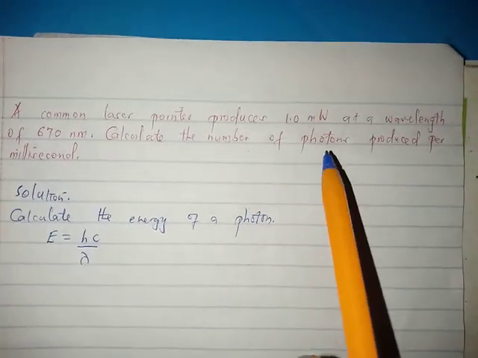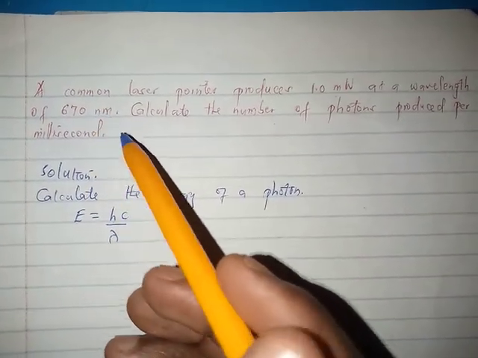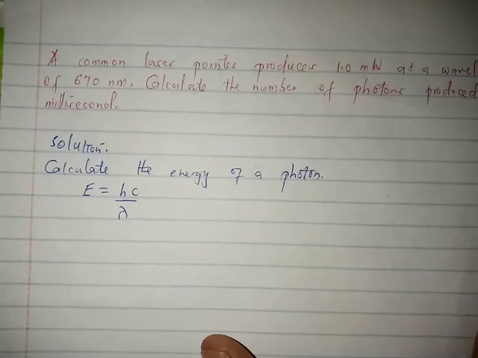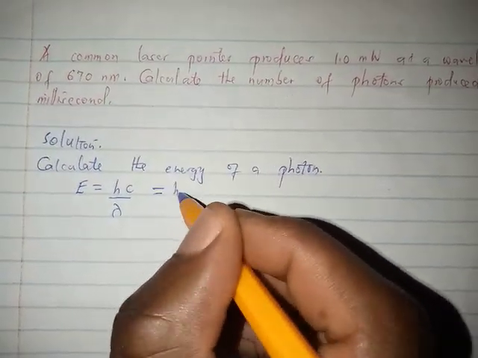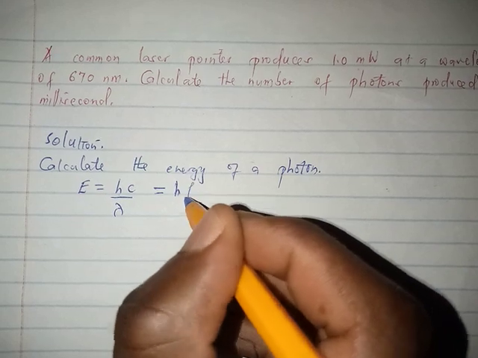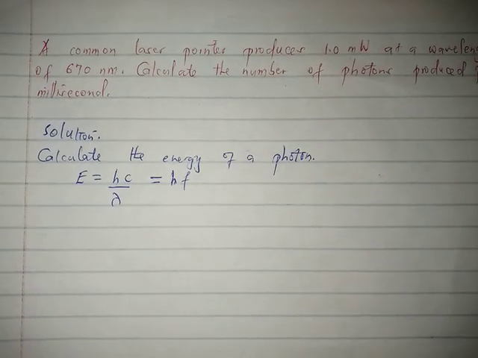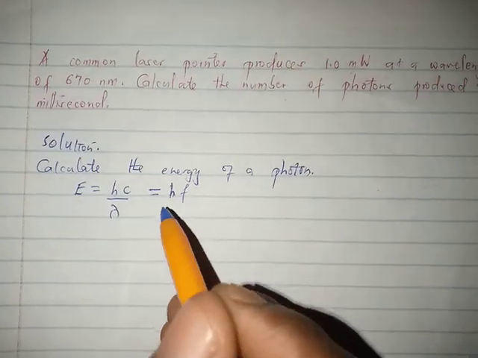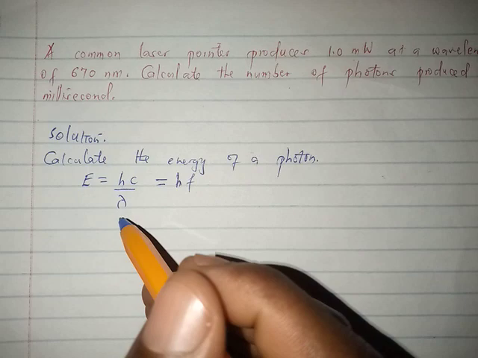In this question, 670 nanometers is our wavelength, and this is equivalent to hf. Remember, f is equal to c over lambda.